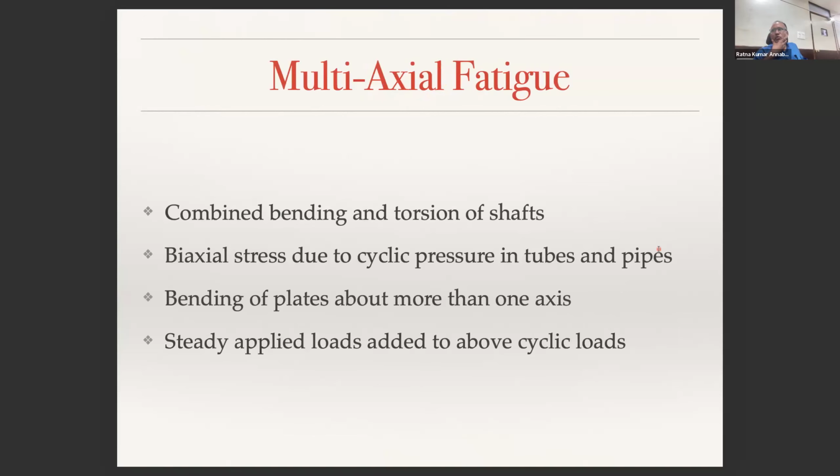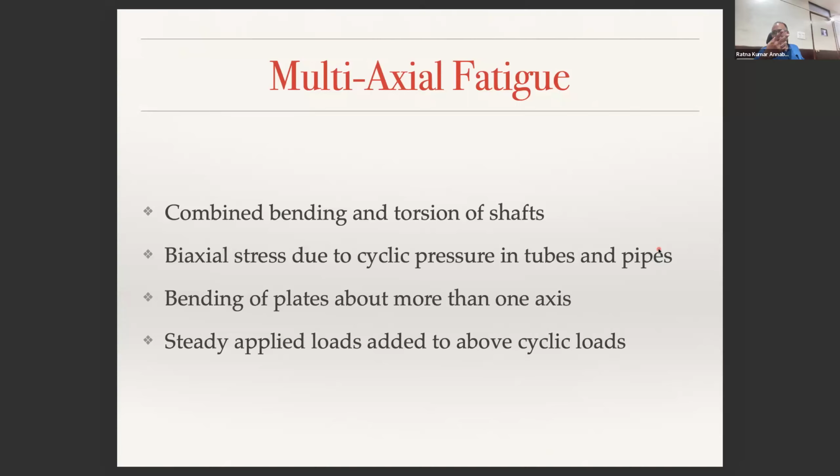So far we have talked about the scenario when there is no mean stress, and also a scenario where there is mean stress. But as we learned in the beginning, stress is not a scalar quantity, it's a tensorial quantity. When I say mean stress, did we talk about which component of the stress, or alternating stress, we are talking about?